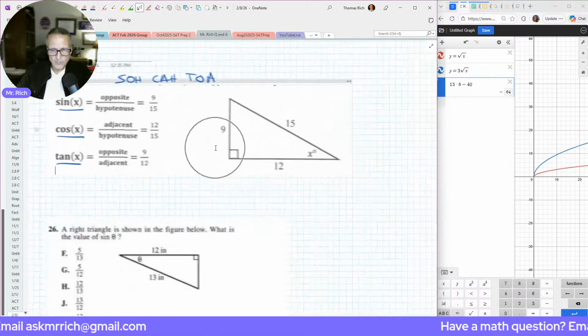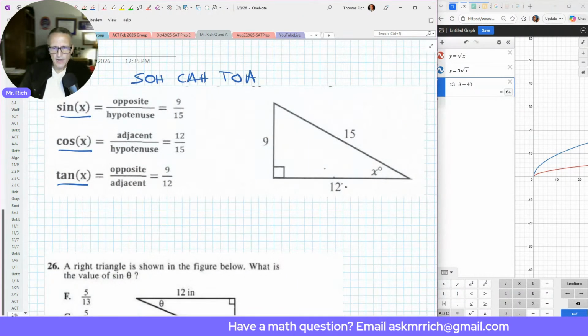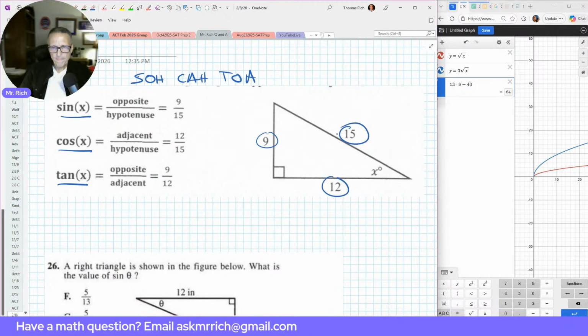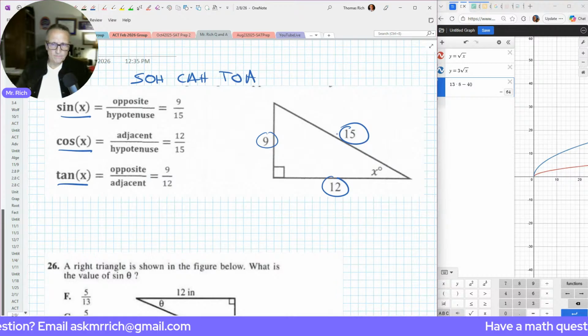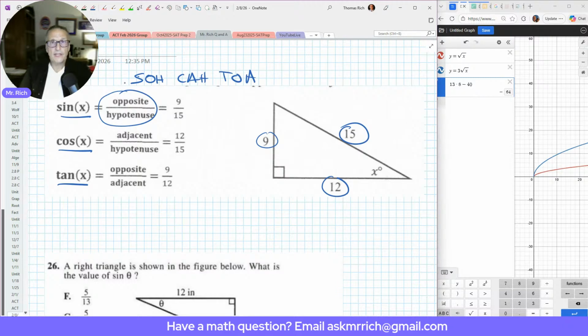So if I present you a right triangle with legs 9 and 12, and the hypotenuse being 15, then we define these trig functions by using ratios of the side lengths.